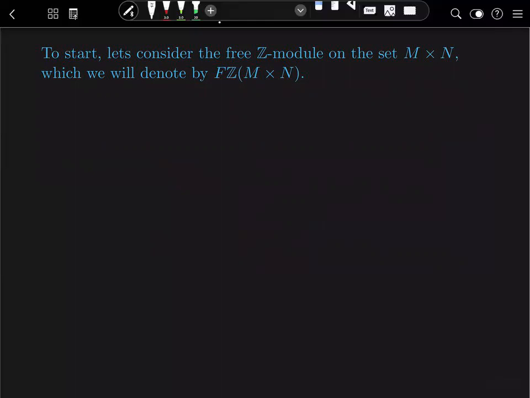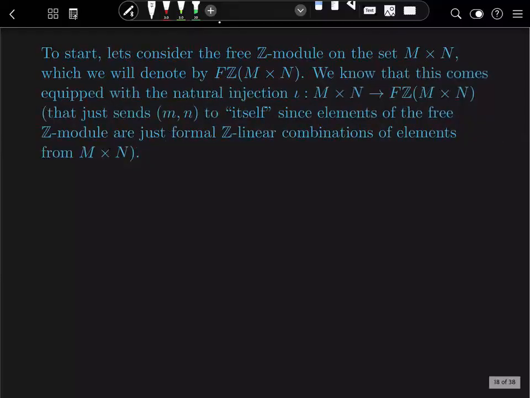This is the most natural place to start because we want an abelian group that contains M cross N somehow, maybe not injectively, but somehow contains M cross N. And this is a good place to go because we know that we have a natural injection from M cross N into the free Z module, that just sends the pair (M, N) to itself, essentially, because we know that elements of the free Z module are just formal Z linear combinations.